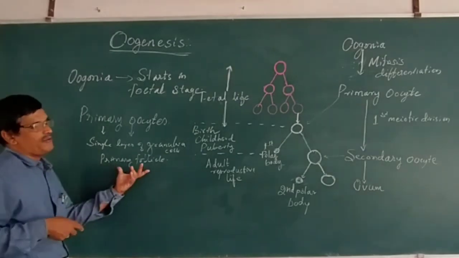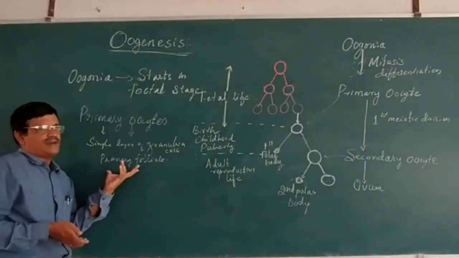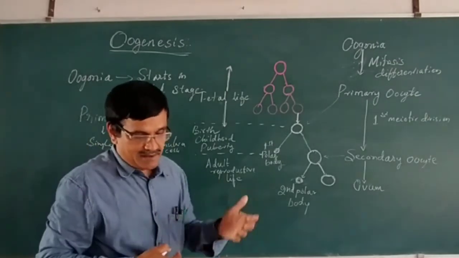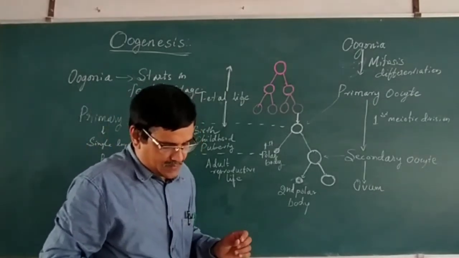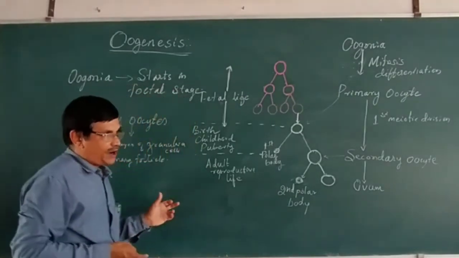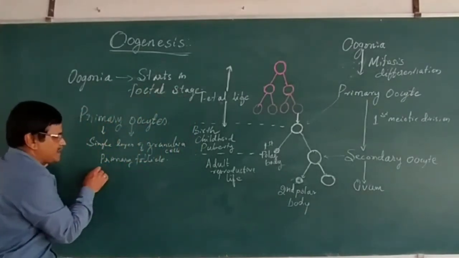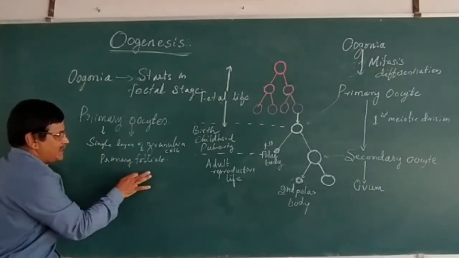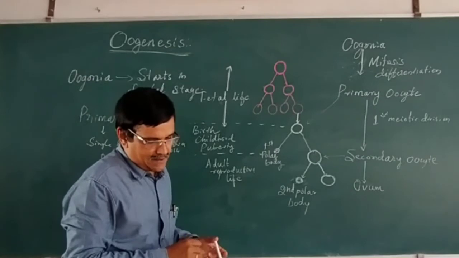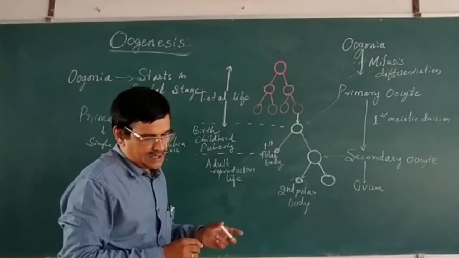Most of them will be degenerated from birth to puberty. At puberty, only 60,000 to 80,000 primary follicles will be left in each ovary.